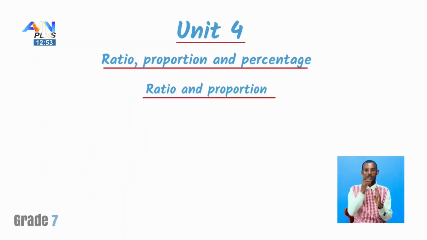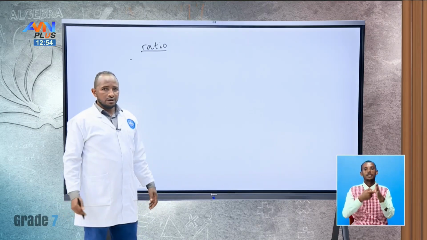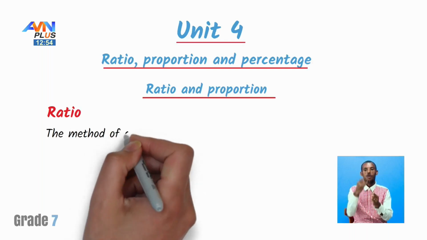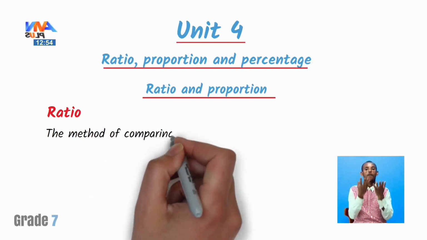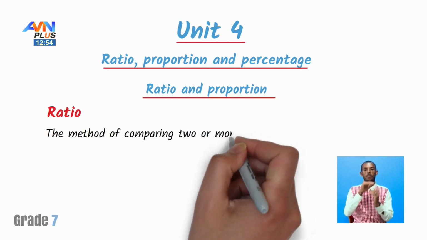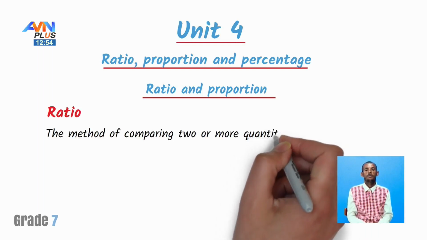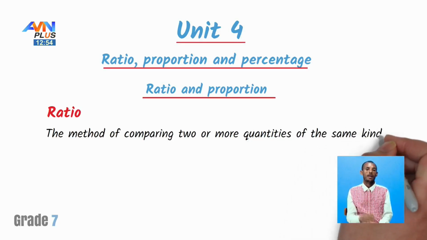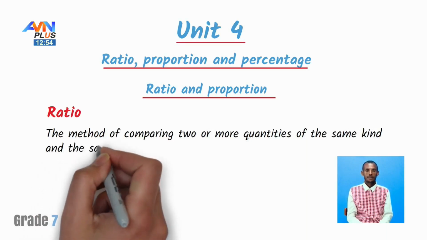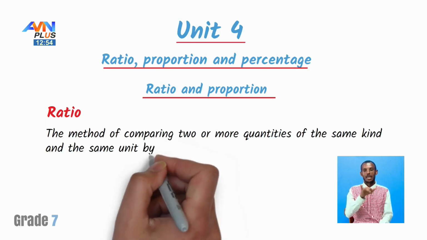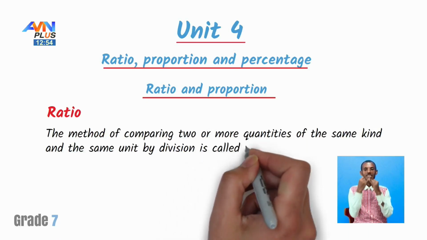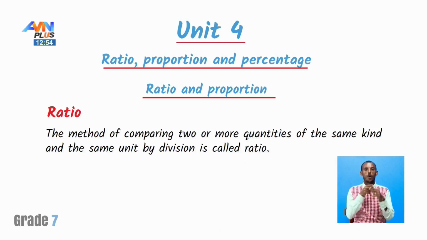First, let's see about ratio. The method of comparing two or more quantities of the same kind and same unit by division is called ratio.